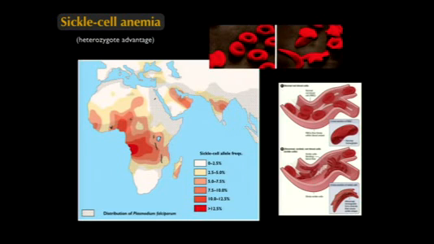Sickle cell anemia, the details are not critical here, but we can recognize that individuals in the darker reds here are more likely to be carriers of the sickle cell allele. So the sickle cell alleles are present at higher concentrations in the darker shaded areas, less common in the areas shaded in light colors.